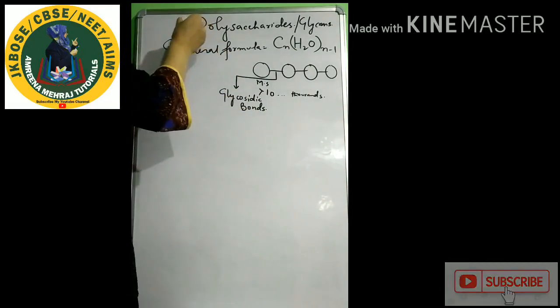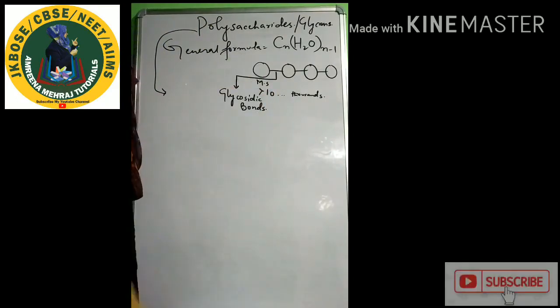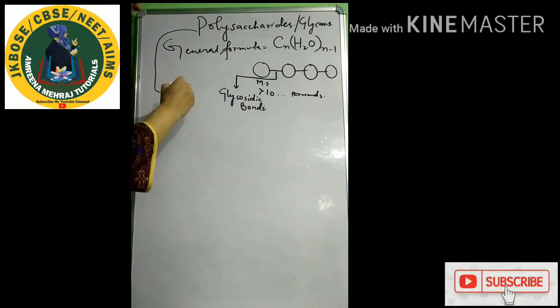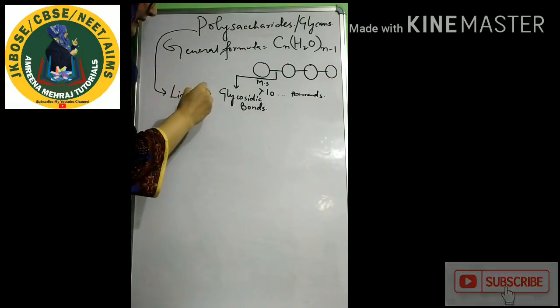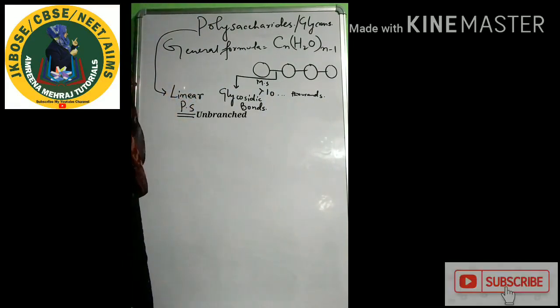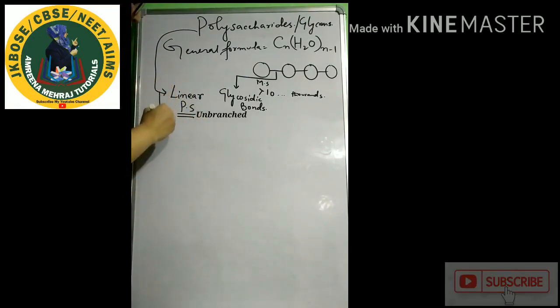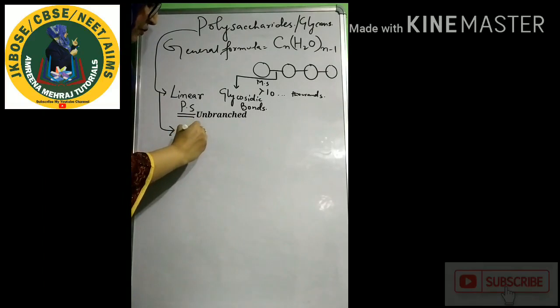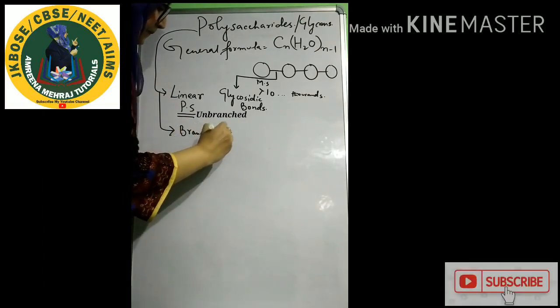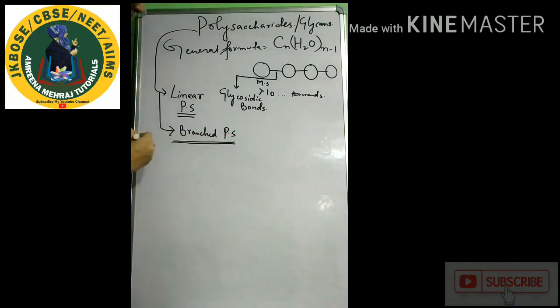Now, as far as polysaccharides are concerned, my dear students, you'll broadly have two types of polysaccharides. Number one is going to be a linear polysaccharide. I'll use this short form, PS, which stands for polysaccharide. Another form is going to be branched polysaccharides. So what is the difference between linear polysaccharide and branched polysaccharide?